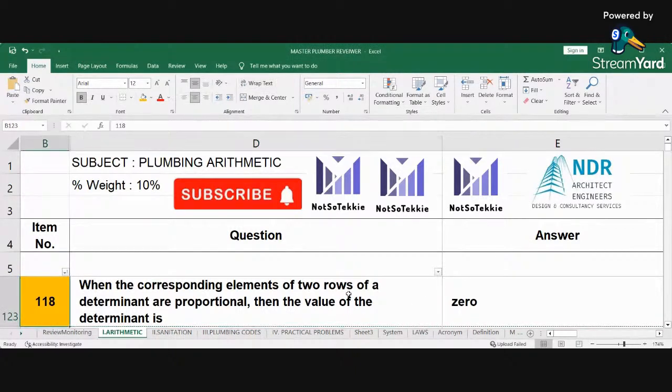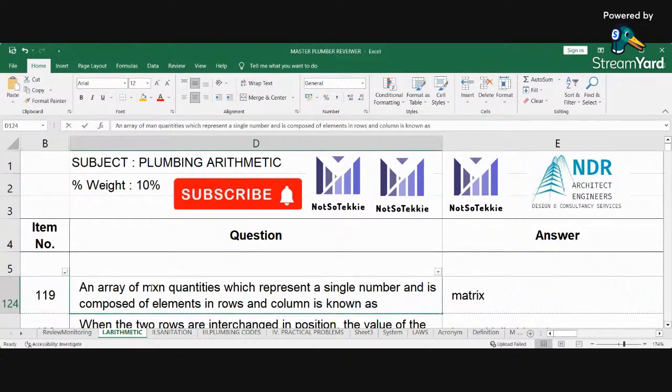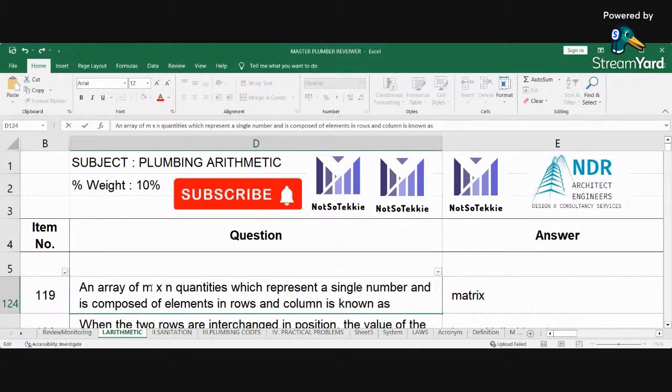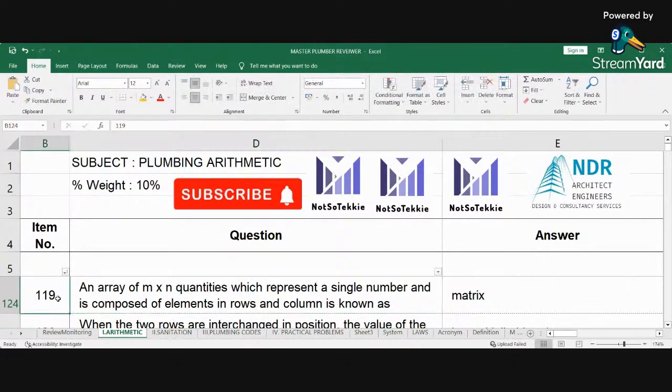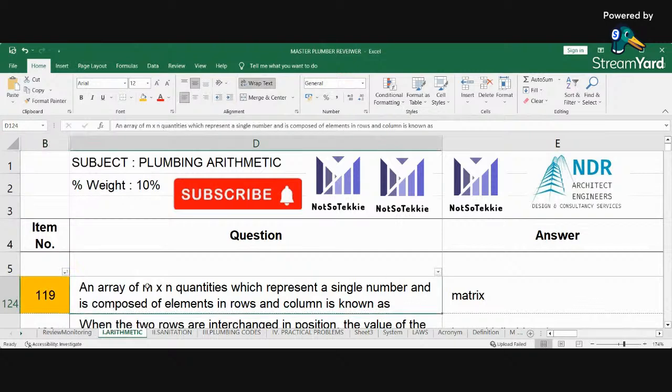Yun, 119. An array of m by n quantities which represent a single number and is composed of elements in rows and columns is known as matrix. Tinanong na to sa set 1 for m by n.